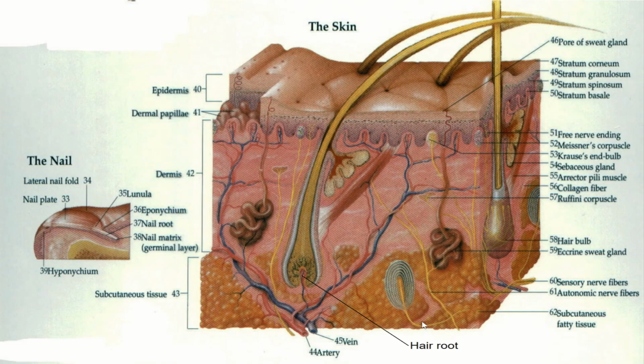And so here is our lovely diagram of the skin. This is a chance for you to get all of the different labeling down that you need, in order to make sure you have a good idea of what's going on.